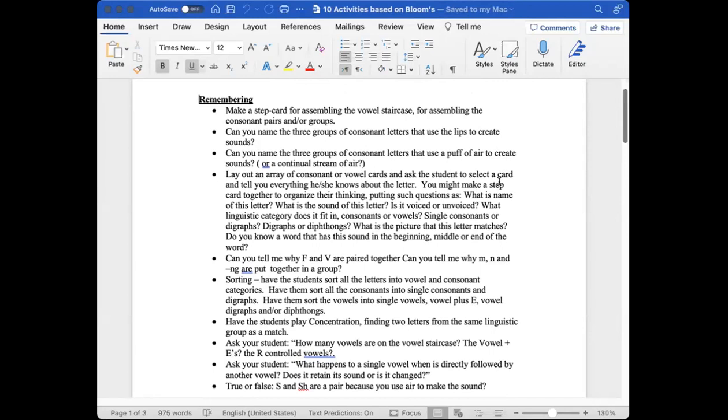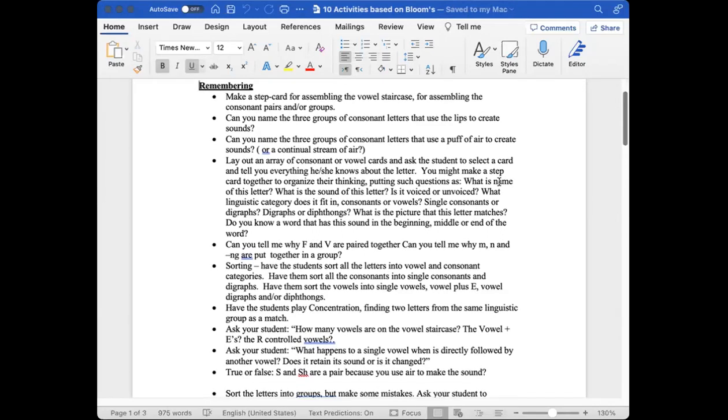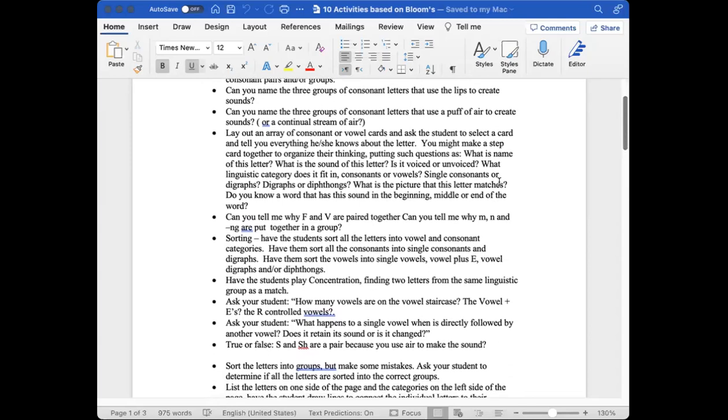It's not necessarily that you have to explain Bloom's revised taxonomy to your students, but you have to use it in your mind to do things like, can you name 3 groups of consonants that use a puff of air? Or a continual stream of air? Or can you put out the consonant cards and ask them to select one card and tell you everything that you know about it?